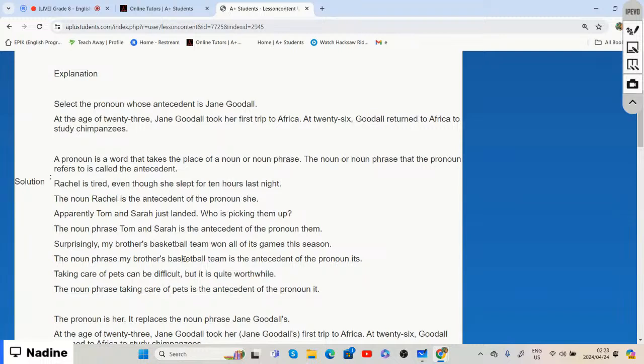Like, for example, the antecedent of the pronoun she is the noun Rachel. Because if we remove Rachel, we can still say she, because she is our pronoun. If we remove the name Jack, then we will still have he, right?